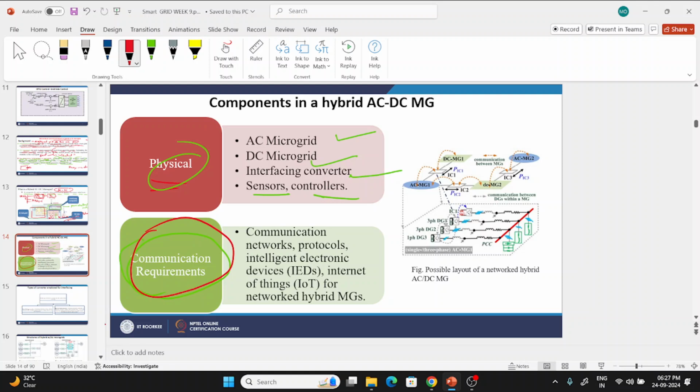There are various protocols, the Internet of Things, and various intelligent electronic devices, which are known as IEDs. The communication is very much important. That's why they form a small part of a smart grid.